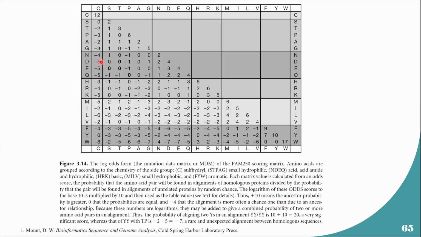Ultimately, the function of the PAM matrix is that, in the process of getting an optimal alignment score, you are trying to consider each match or mismatch in a more rigorous way. For that, you can get the scoring from this PAM matrix. Yeah. Thank you, sir. Thank you so much.